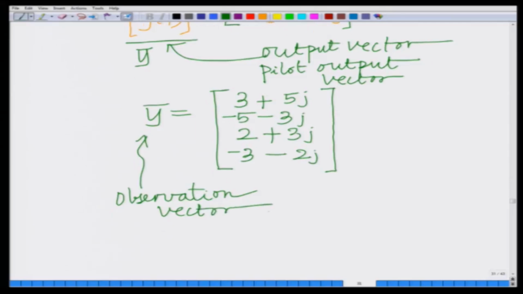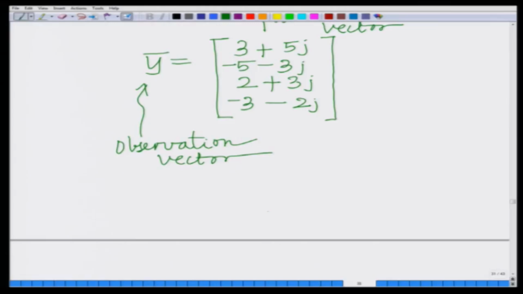You can call it by any name. And now therefore, we have the transmitted pilot vector x bar, and we have the observation vector y bar.